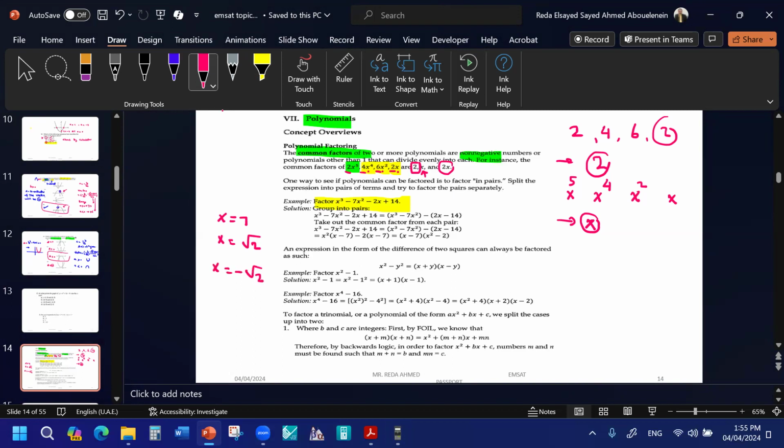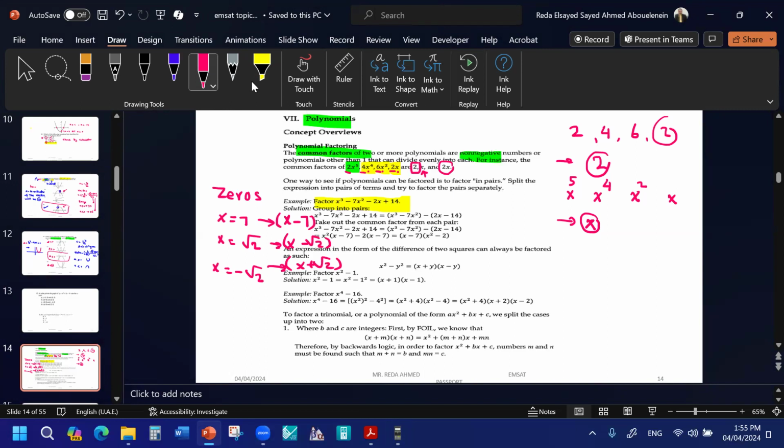If I needed to write this as factors, these are zeros. The factor here will be x minus 7. Here x minus root 2. Here x plus root 2.